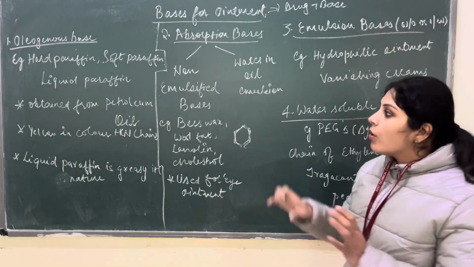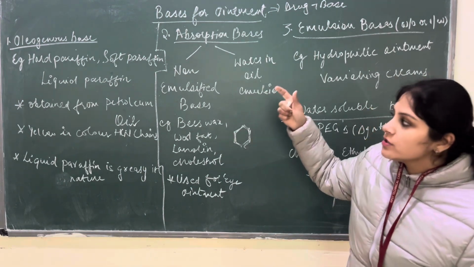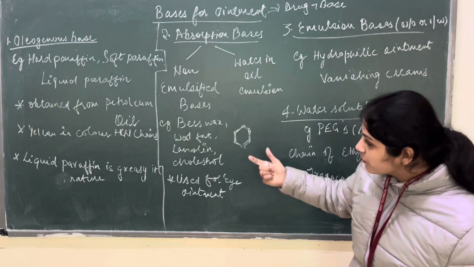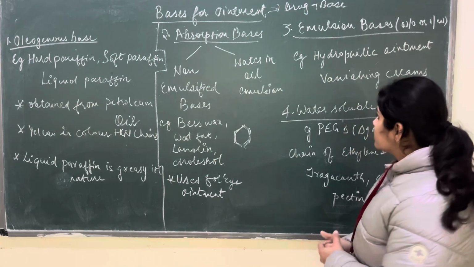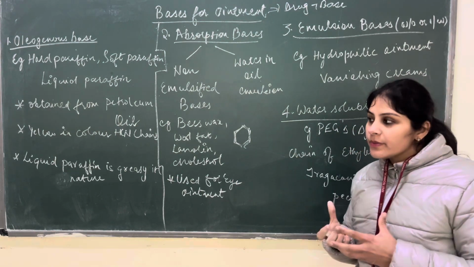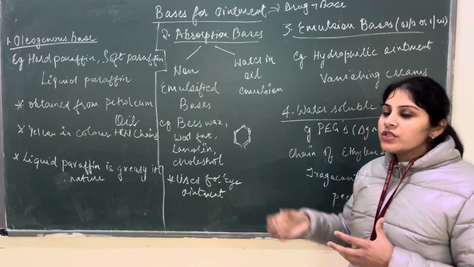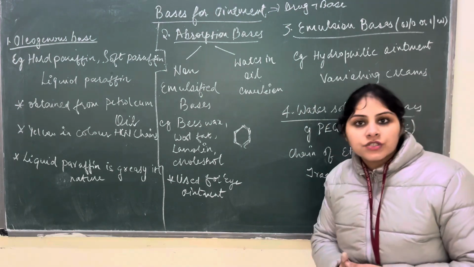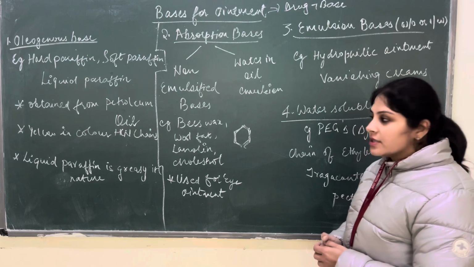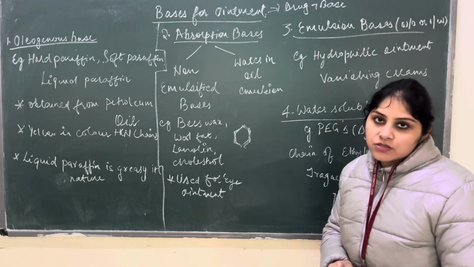So all these bases, hard paraffin, soft paraffin, beeswax, wool fat, cholesterol, depending upon the suitability of the base and drug, we choose the base for the formulation of the ointment. So this is all about the bases of ointment.